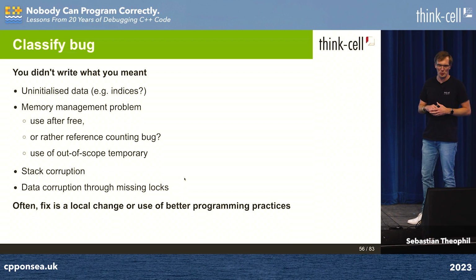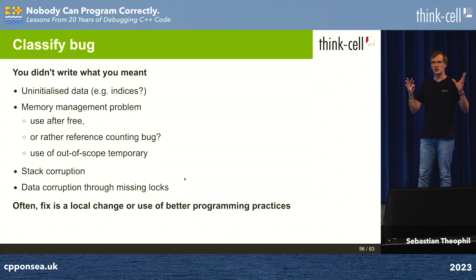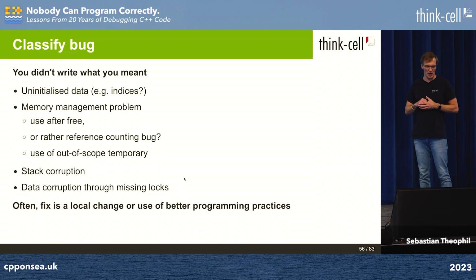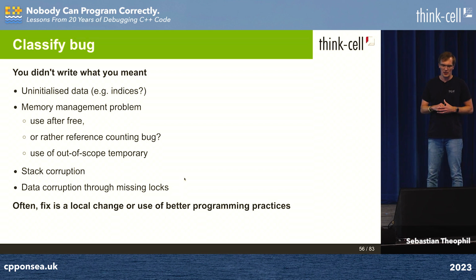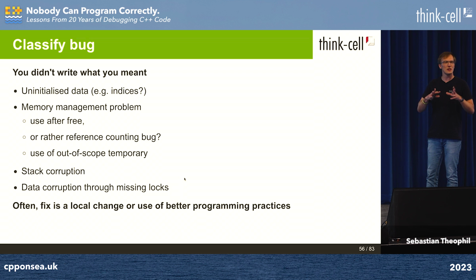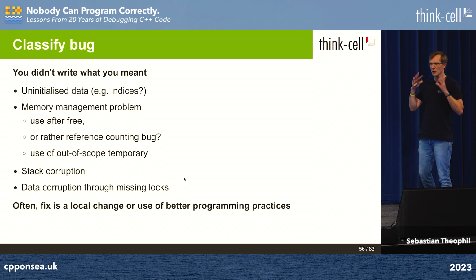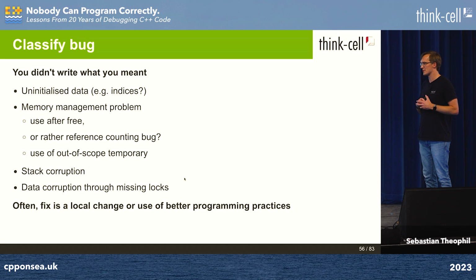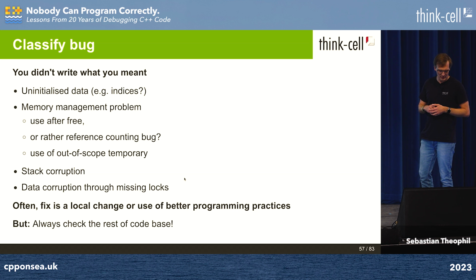Maybe you should have used the smart pointer and you didn't, and you messed up the memory management. Maybe you forgot to initialize some variable that you wanted to initialize, etc. So you made a small programming mistake. And the fix is often a local fix. Maybe it's a local fix you can do somewhere else in your code base as well, but mentally it's a small fix.